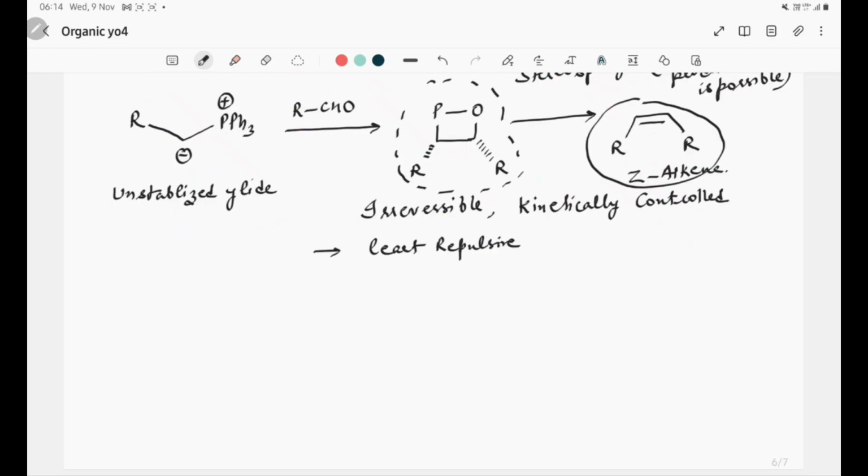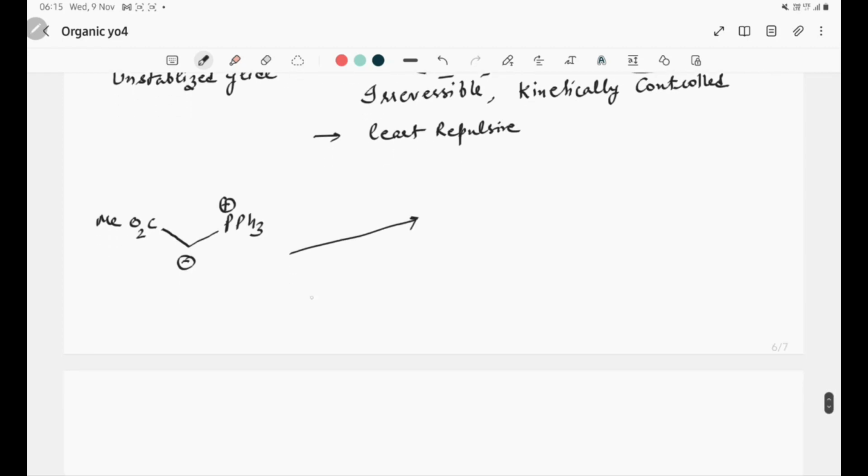On the other hand, whenever a stabilized ylide is used, like the one we have used in the second example, now the second step, that is oxaphosphetane formation, is reversible. It is no longer irreversible, rather it is reversible. That means both isomers can be formed like this.